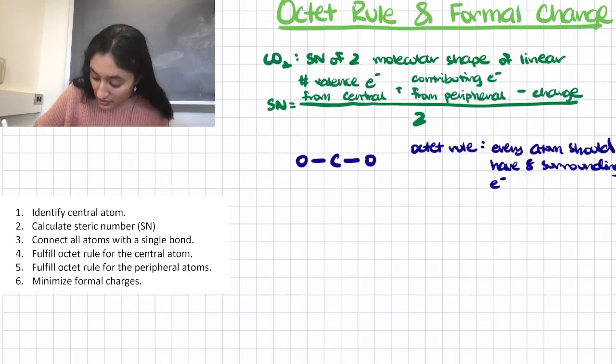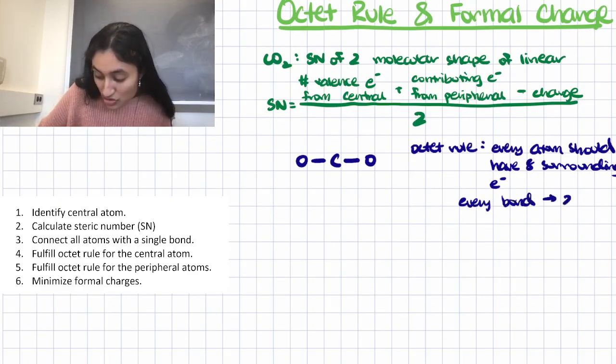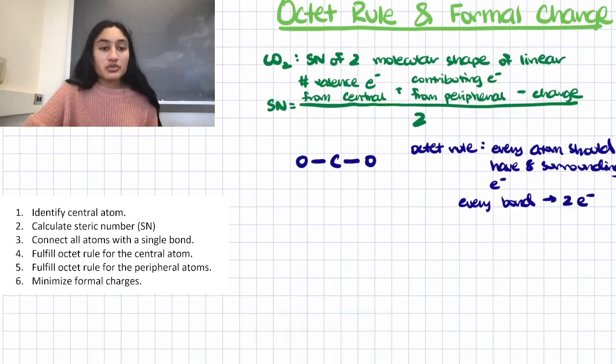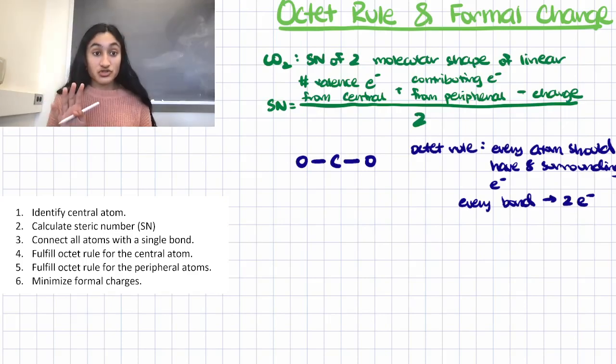And every bond counts as 2 electrons. So currently the carbon has 2 bonds, 1 to each of the oxygens, so 4 electrons total. Now we need to get it up to having 8 surrounding electrons.